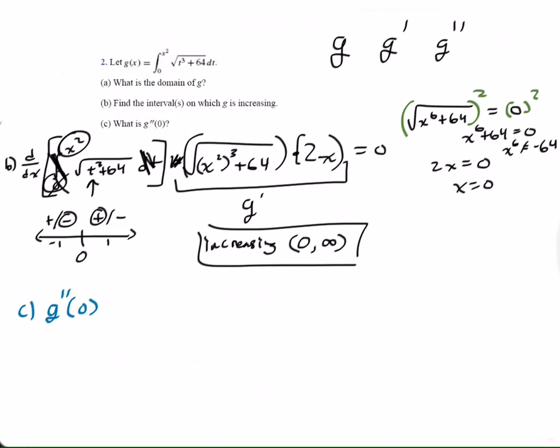That's not too integral. All you're going to do is take what g prime is, which is what we wrote above. Let me clean it up here. X to the 6 plus 64, and that's multiplying times, I'm going to put parentheses around it, 2x. That's g prime. You just have to take the derivative of that. Now, to take the derivative of that, you're going to need the product rule, because you have this guy multiplying that guy.